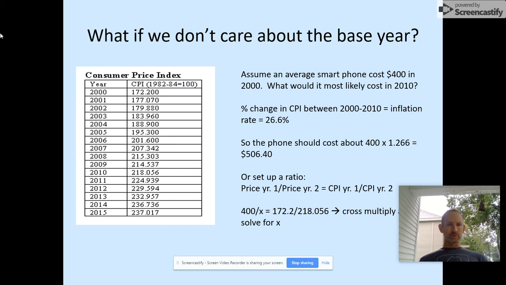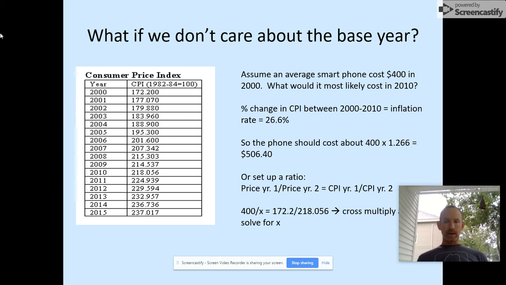But to do that, use the percent change in CPI between 2000 and 2010, you find an inflation rate of 26.6%. So then it would be reasonable to assume that a smartphone would have increased by about 26.6% over that same time period. That might not be exactly right, but it's a pretty good estimate. So if you do that math, you get a price of $506.40.